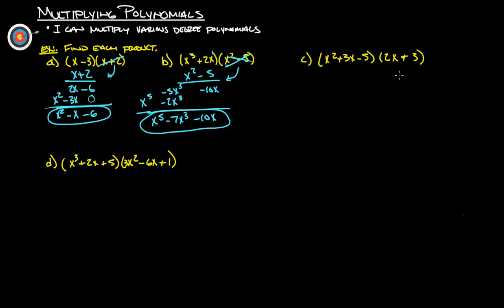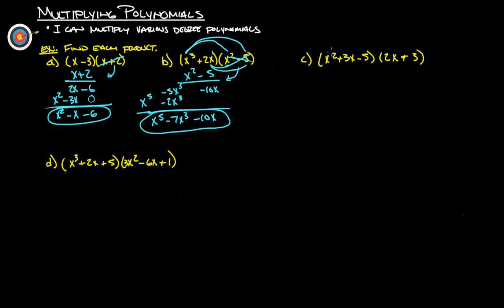This one here is where it gets a little interesting because you can do the distributive, but it's not double distributive. Now you're distributing 3 things to each. So if you wanted to do the distributive piece, because some people like to do x cubed times x cubed times 5, and then 2x times x squared and 2x times 5. That's totally fine.